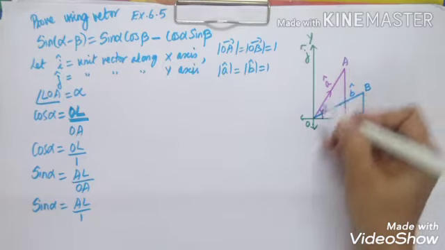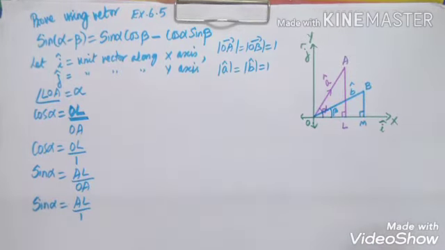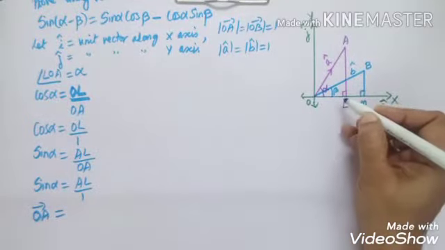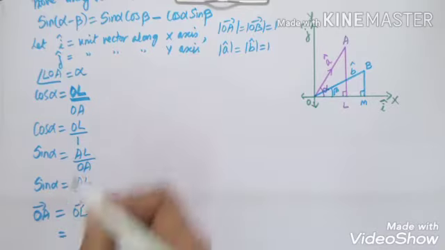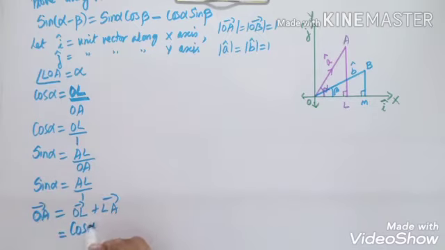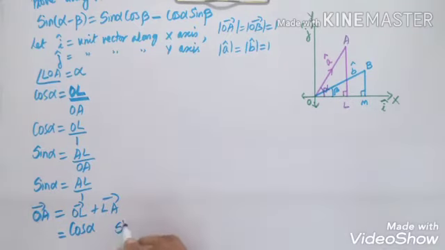Now I am going to write OA vector. How will you write OA vector? OA vector is equal to OL plus LA. What is OL actually? OL is cos alpha. And what is LA? LA is sin alpha. Is that all? How to write the vector?